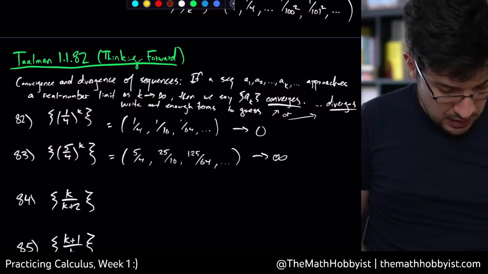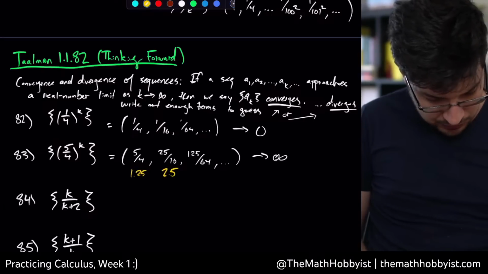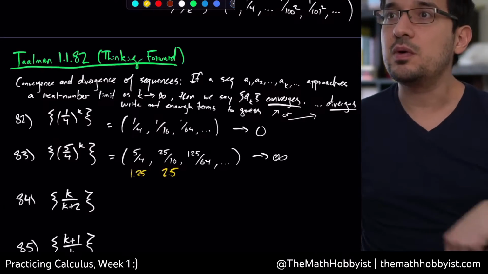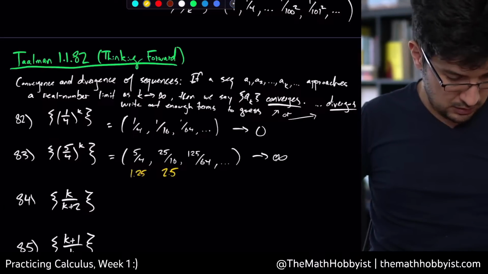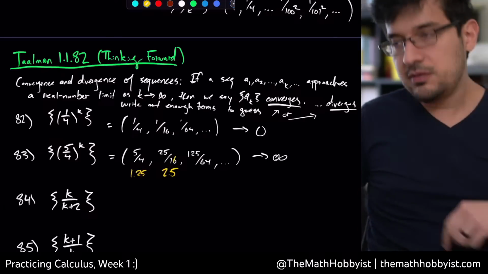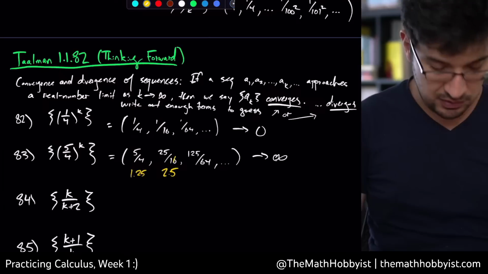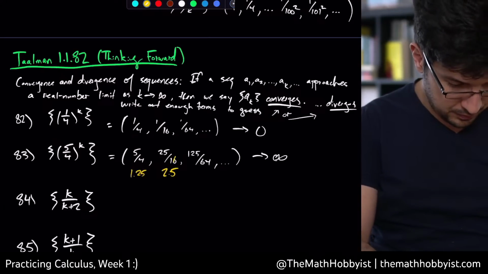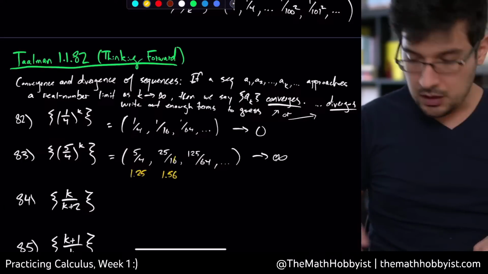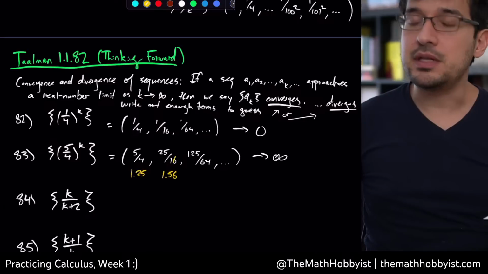We've got 1.25, 25/16, I'm a mathematician, 25/16 is 1.56. 125/64 is 1.95.